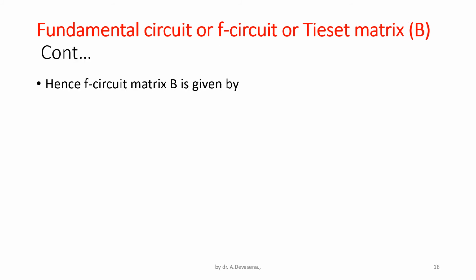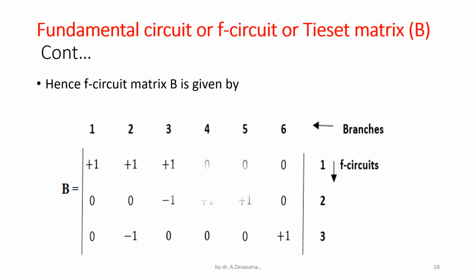Hence, the F circuit matrix B is given by, this is the F circuit matrix B. This matrix is represented here. The branches are considered column-wise and F circuits are considered row-wise.